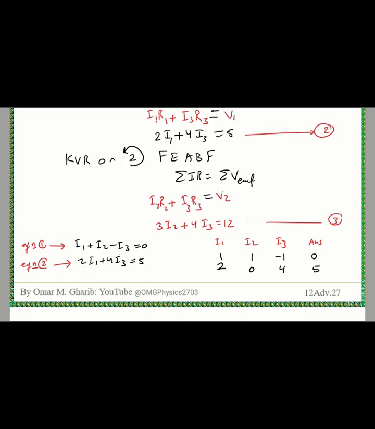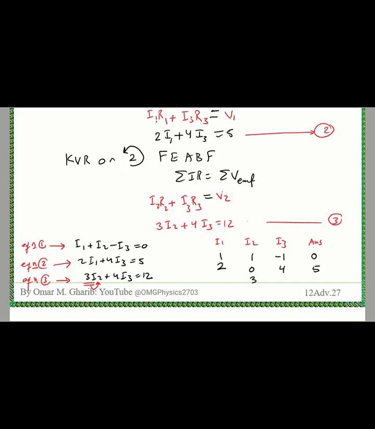Now go to the third equation, equation number 3. It says that 3I2 plus 4I3 equals 12. Now the first factor 3, it is for I2. So I will put it in the column of I2.